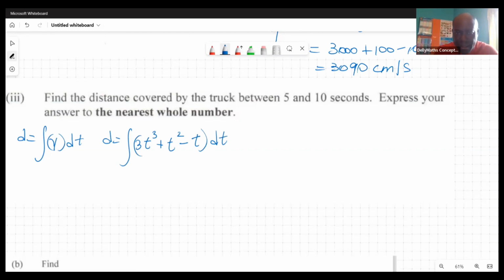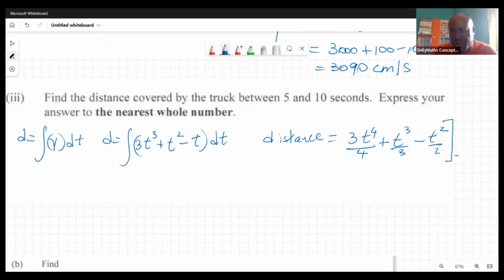So let's go for it now. The distance is now equal to 3t to the fourth over 4 plus t to the third over 3 minus t squared over 2. We're moving from 5 to 10, so no constant is needed there.